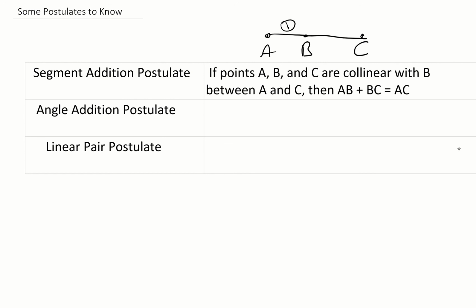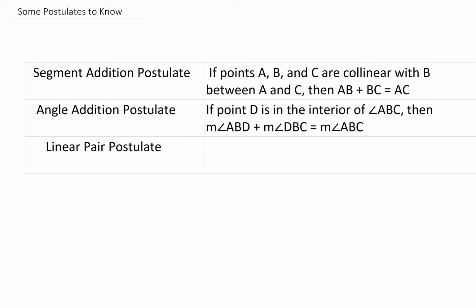So this first one plus this second one gives you this total, which is 3. So 1 plus 2 is going to give us the total, which is 3. So that's the segment addition postulate. The angle addition postulate is the angle version of that. So if you have these two angles, you can add them together and form a third angle. Okay, and that's really what the angle addition postulate says.